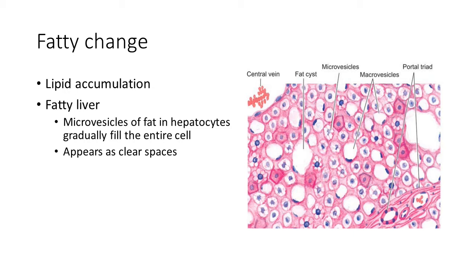It mostly occurs in the liver, and in that case it is called fatty liver, and fatty liver occurs in conditions with excess fat like obesity, diabetes mellitus, or the conditions of liver cell damage. The most common one is alcoholic liver disease.